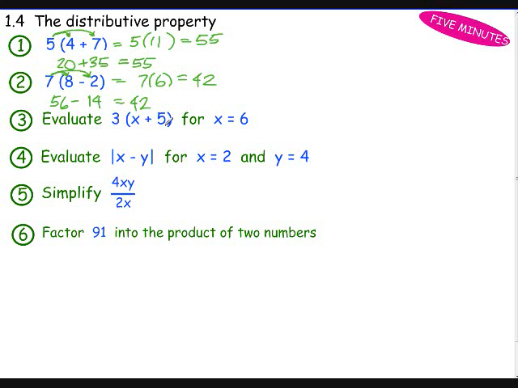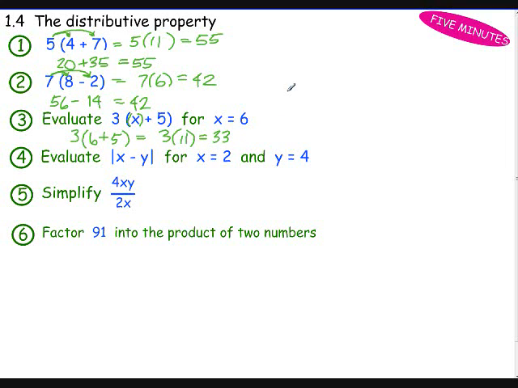Let's evaluate this expression. If I've got x is equal to 6, we're saying 3, and instead of x, I'm going to put in a positive 6 plus 5, which is equal to 3 times 11, which is equal to 33.